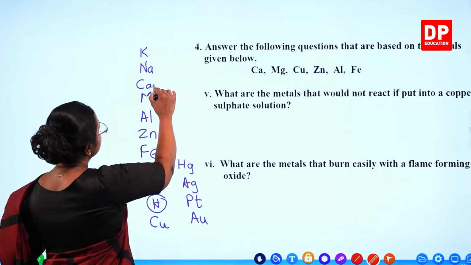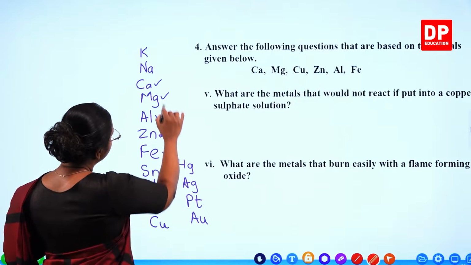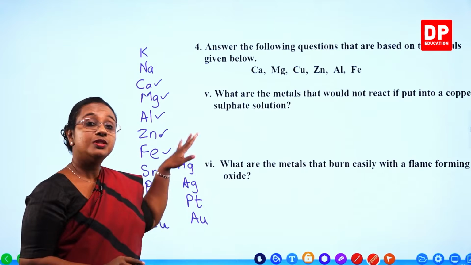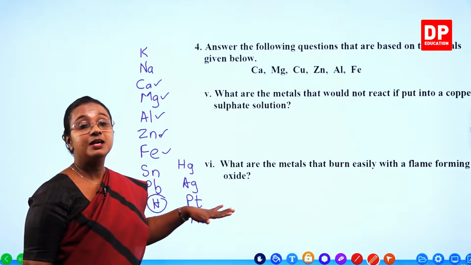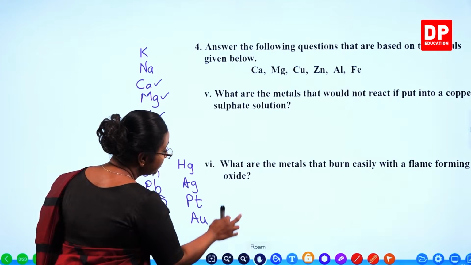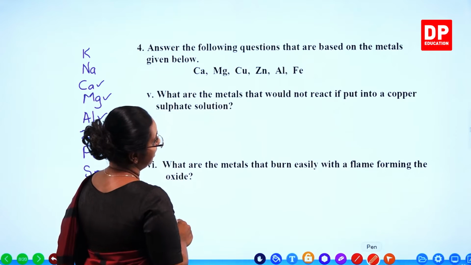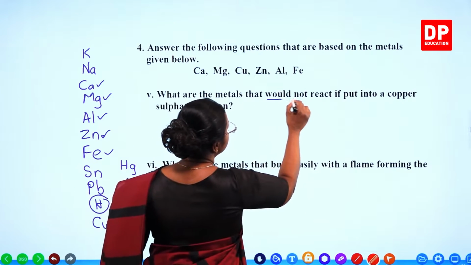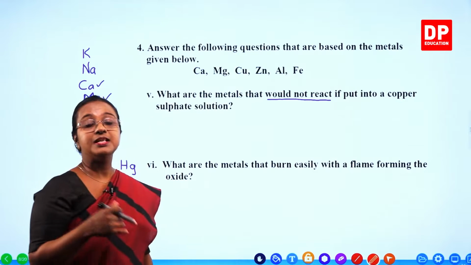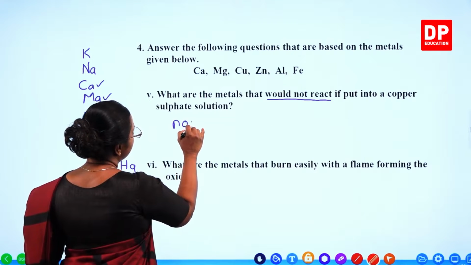Now, calcium is here, magnesium is here, aluminium, zinc, iron. All these are above copper. So, they all will displace copper from the solution. So, the question says would not react. So, if it is would not react, that means there is no metal. We might have to say none of the above.